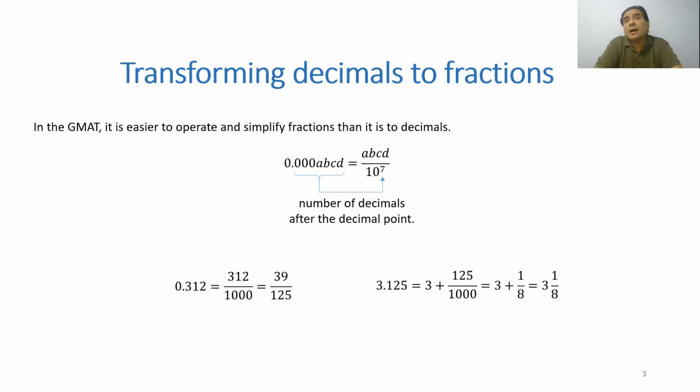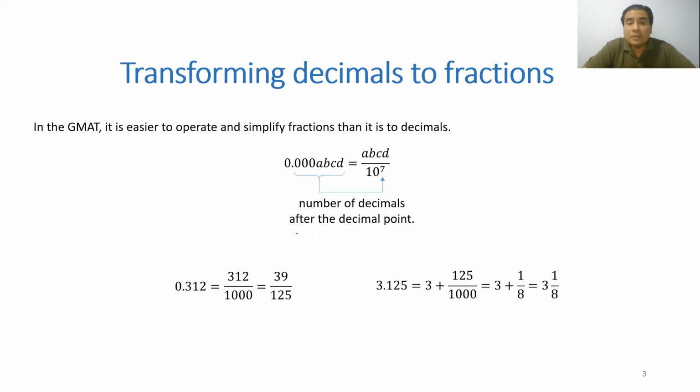So a suggestion for dealing with decimals more smoothly is transforming decimals to fractions, operate all numbers as fractions, and then you can find a result using fractions.